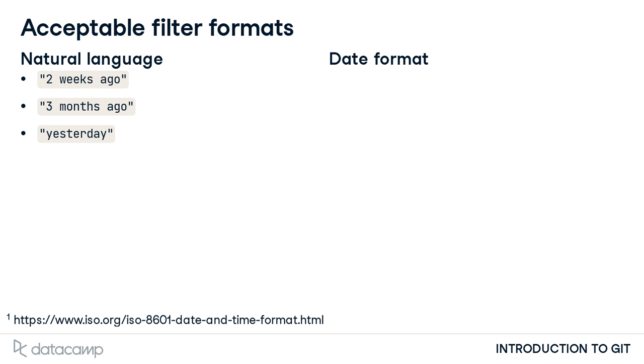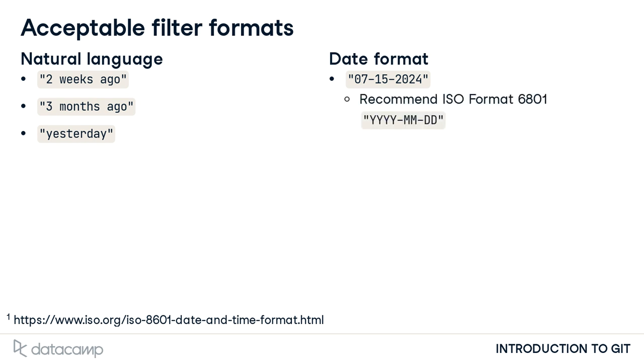We can also provide a date using a numeric format, like 07152024. While various date formats can be used, we recommend following ISO format 8601, providing year, month, then day, separated by hyphens.